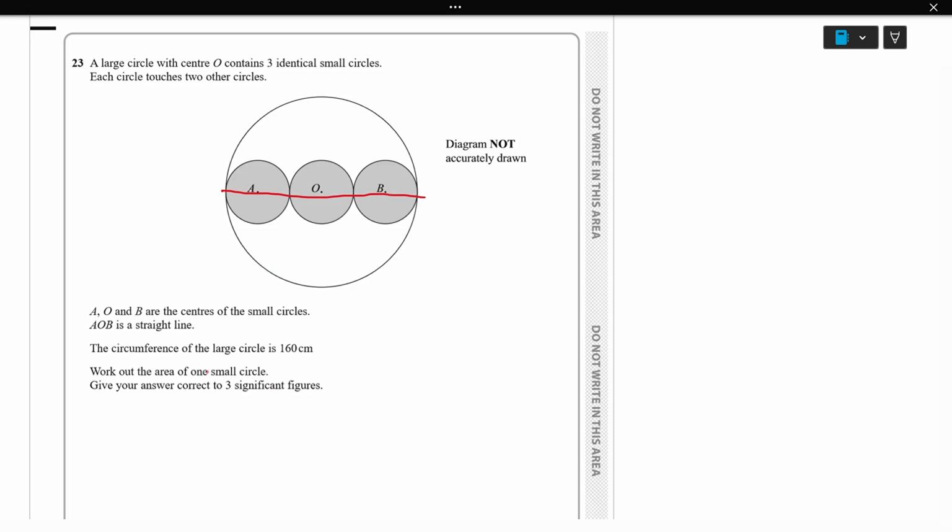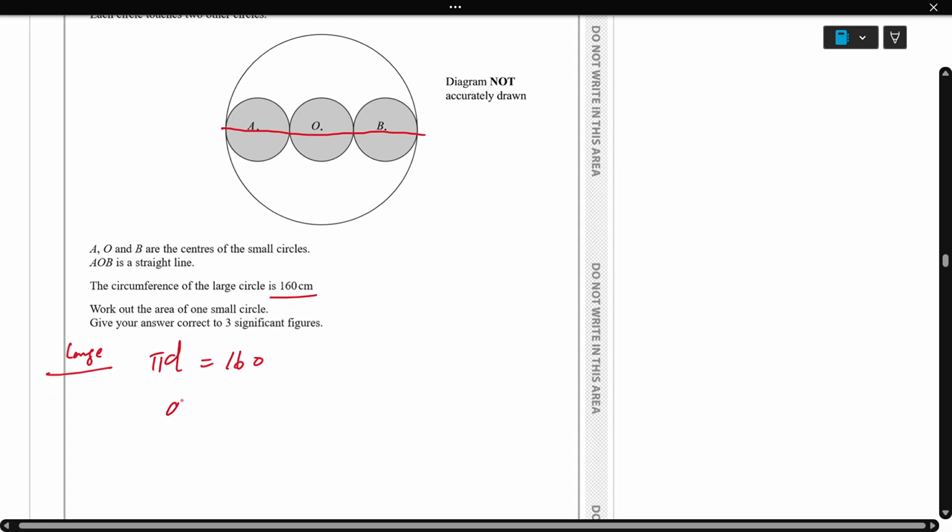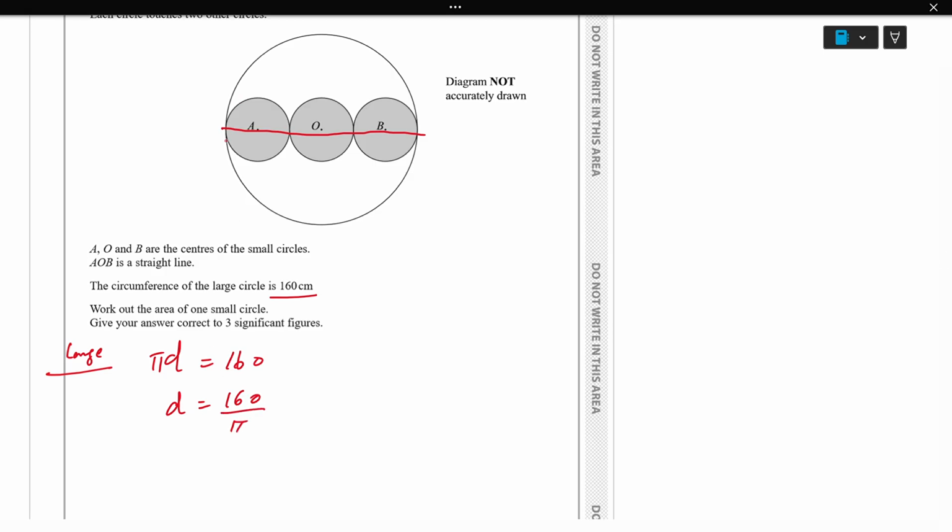Okay, the larger one first, so pi d. Pi d equals 160 because it's given as the circumference. So d equals 160 over pi. So this entire length is going to be the d.